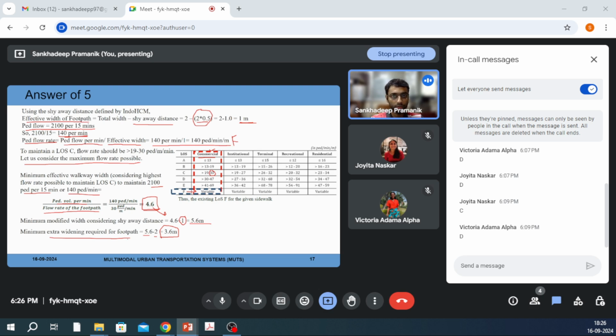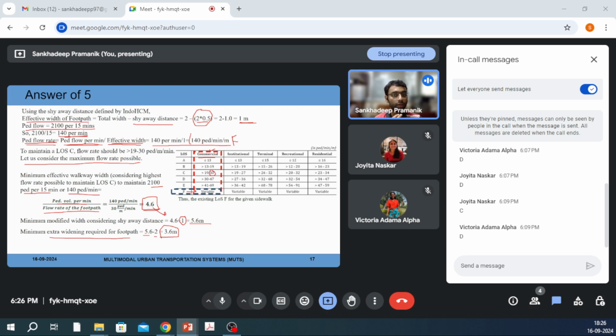So we first need to calculate the present level of service. While calculating present level of service, we calculate first the pedestrian flow per minute, then we calculate the pedestrian flow rate, that is pedestrian flow per minute by effective width.